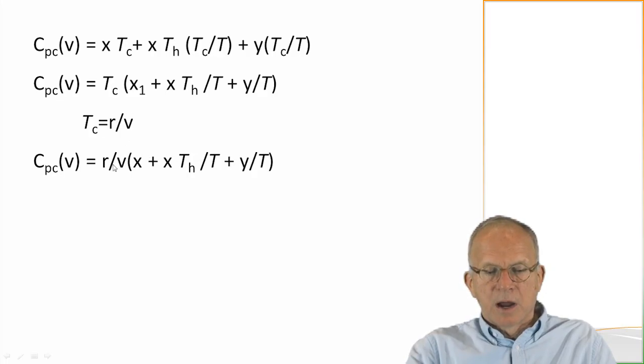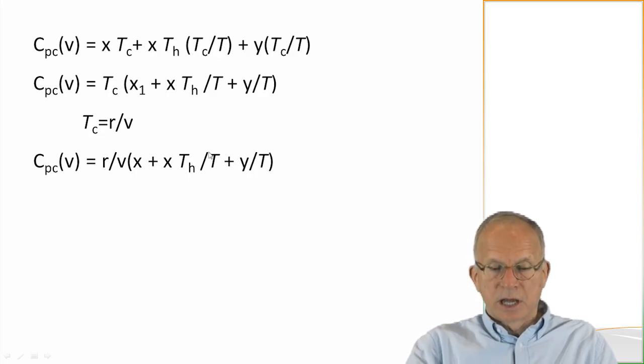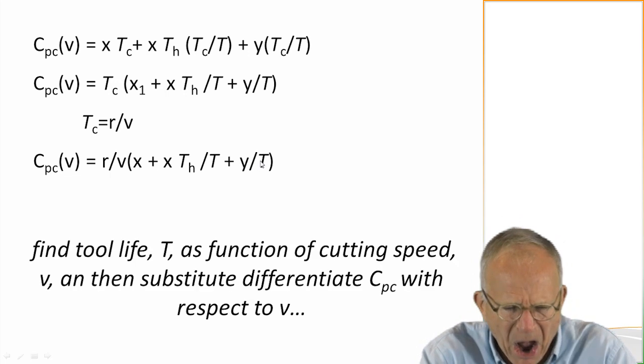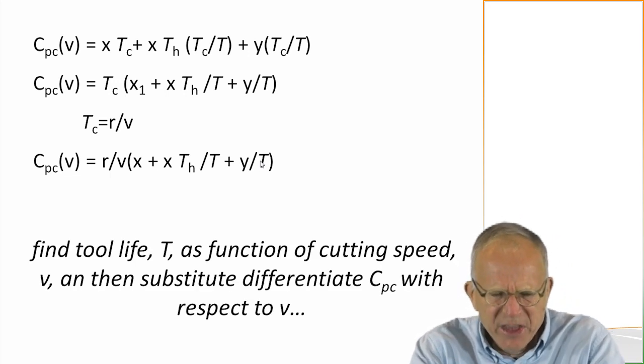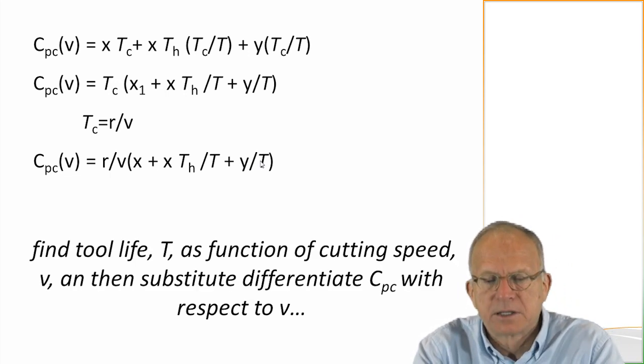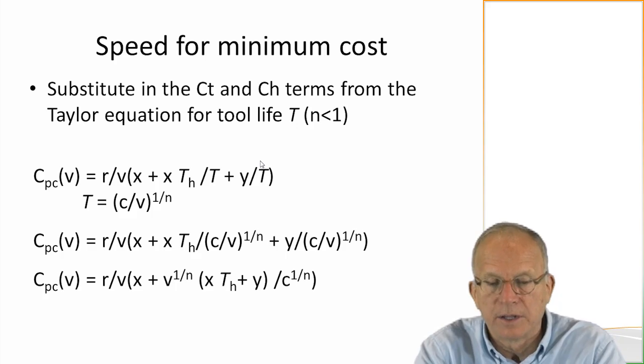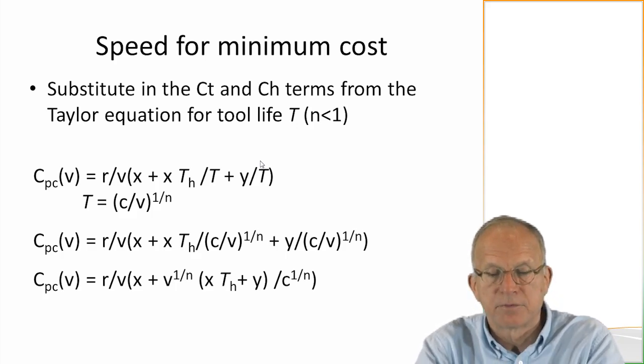So now we have an equation here where we've got the tool changing time divided by the tool life, and we've got the cost per tool divided by the tool life. So to find the optimal cutting speed, V, we need to substitute and then differentiate with respect to V. All right, so when we substitute, how do we get tool life as a function of speed?